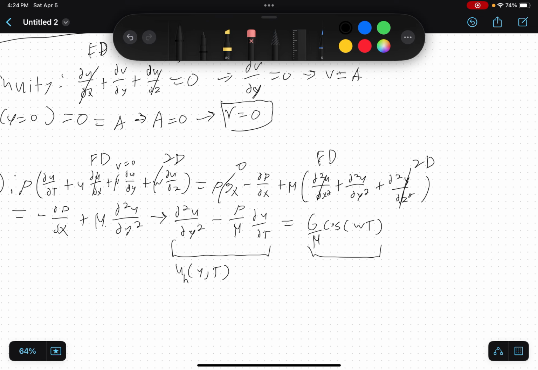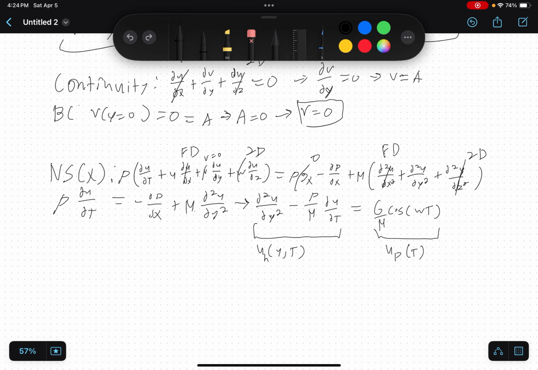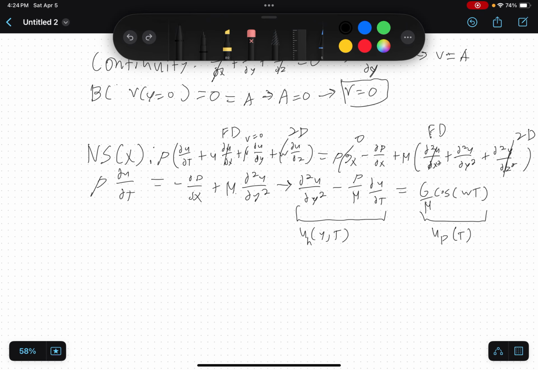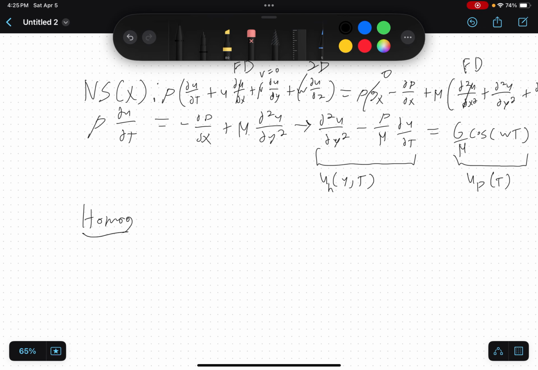And on the right side, we have that u particular is a function of just t, because there's just a t over there. And on the left side, we have a t and we have a y. Okay, let's do homogeneous first. Homogeneous means you set the right side equal to 0.